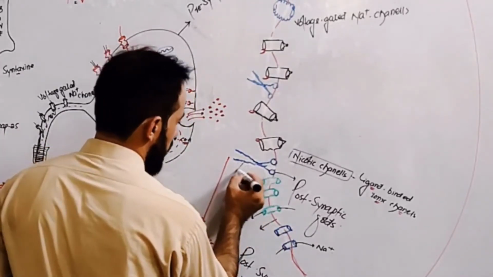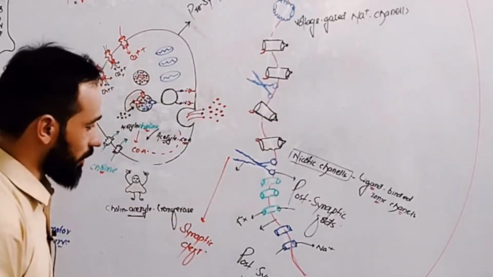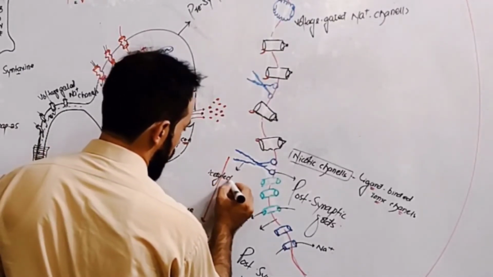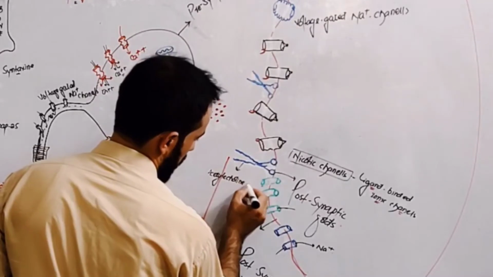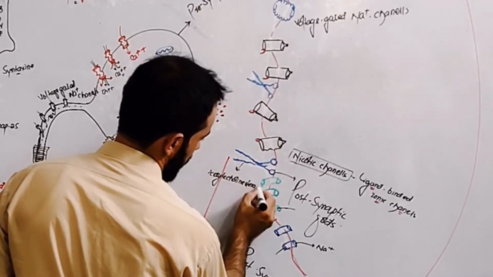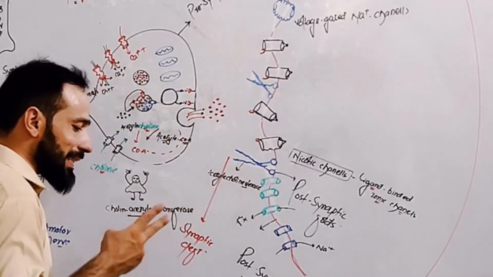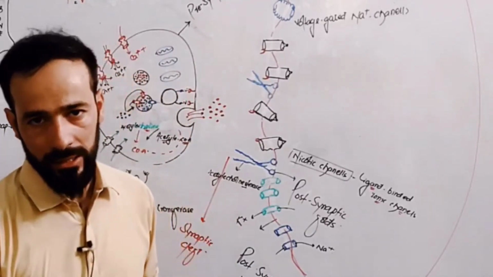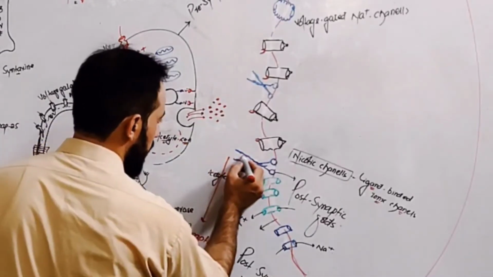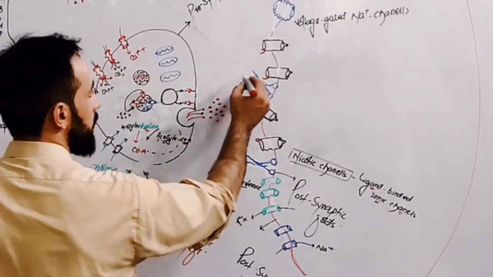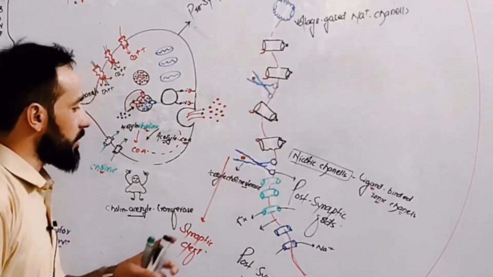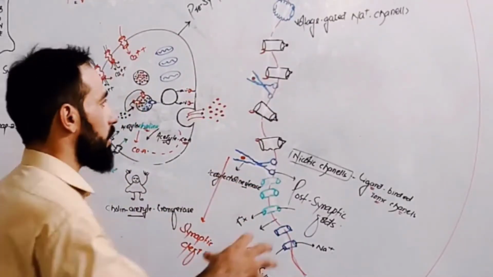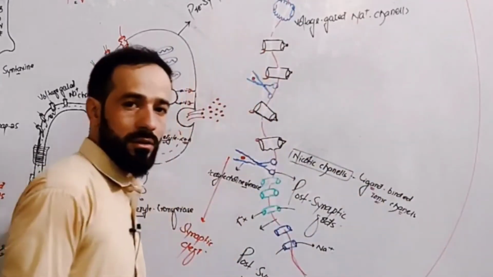These are called acetylcholine esterases. They cut the acetylcholine and don't let it work. So when they take the acetylcholine, they will denature it. When acetylcholine is denatured, it can't cause any action, it can't cause any contraction of the muscle.